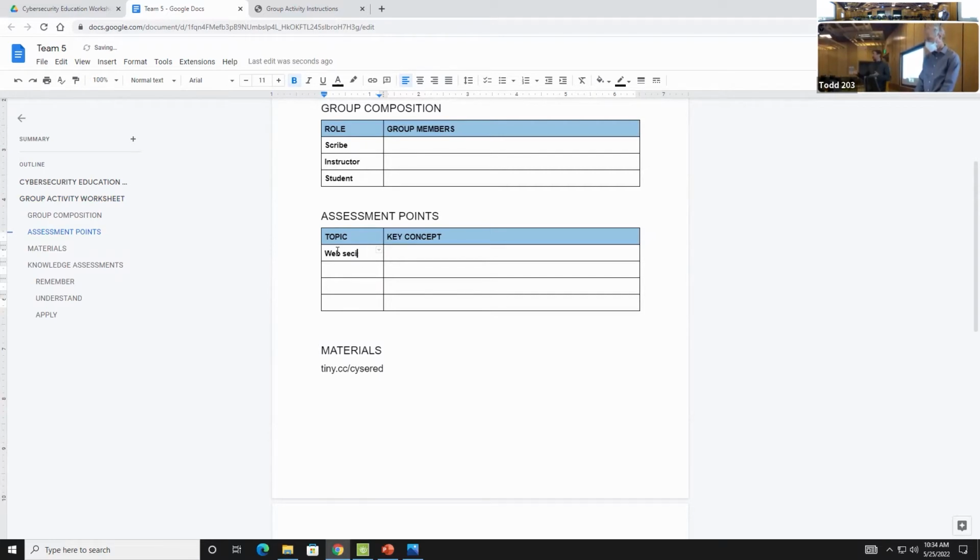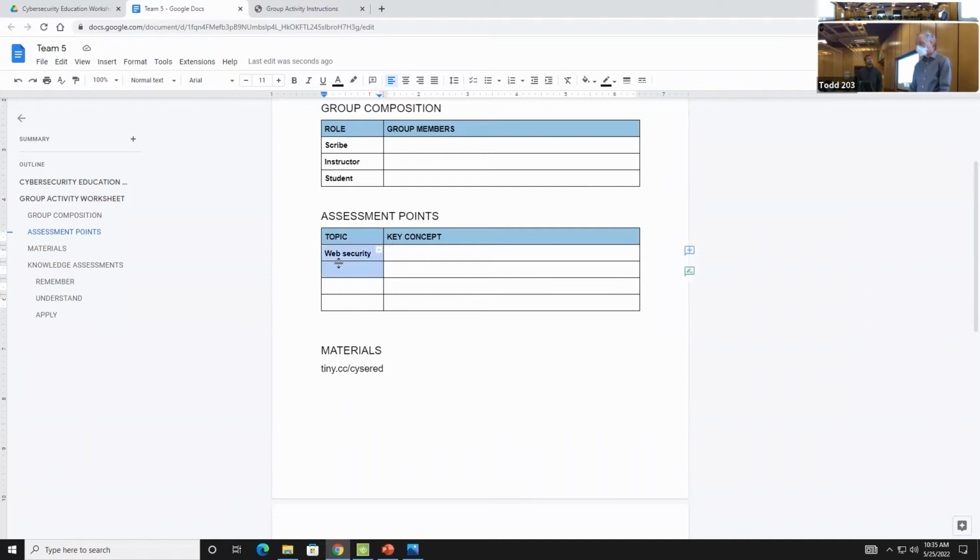Imagine you were writing it for a quiz or homework. So assessment points are basically the key takeaways from a lecture. That would be the learning outcomes, and then the questions would follow.